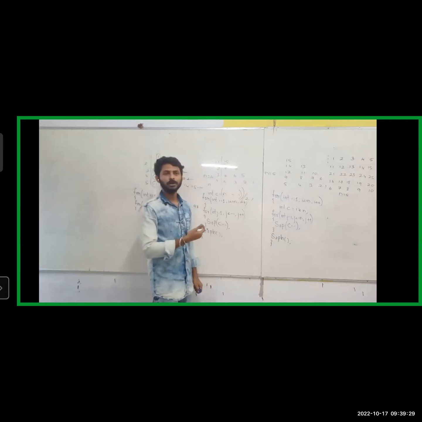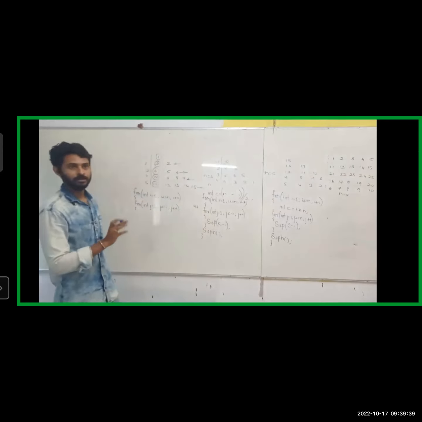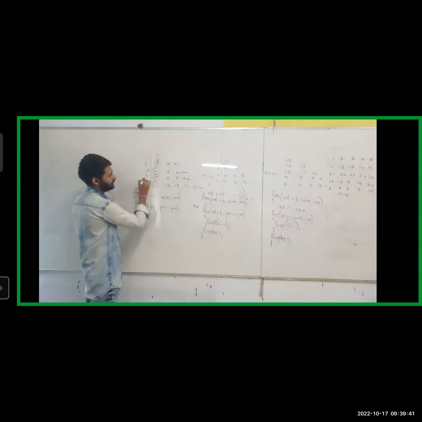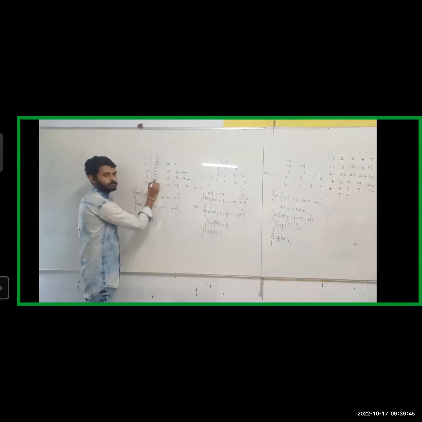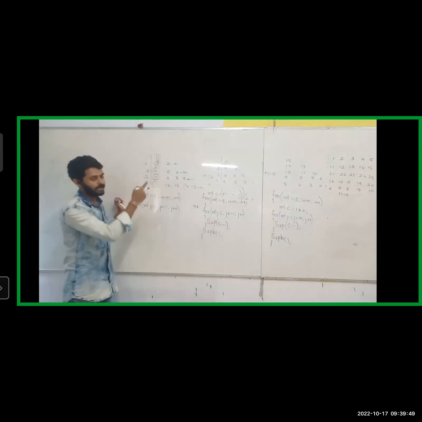What I have done? 4 into 5 by 2. 4 5s are 20 by 2. Simple thing I want to say here is, when you have 4, how to get 10. That is the reason I explained it there.